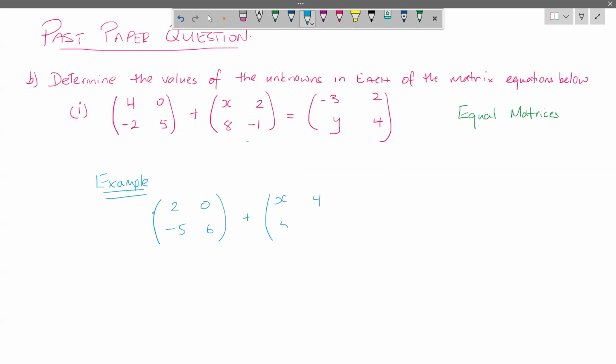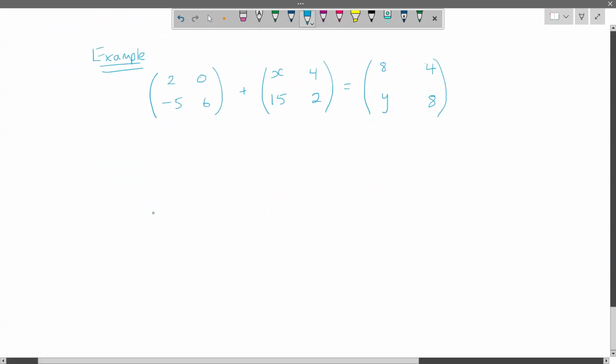The matrix 2, 0, -5, 6 plus the matrix x, 4, 15, 2 is equal to the matrix 8, y, 4, 8. So this is my example, right?